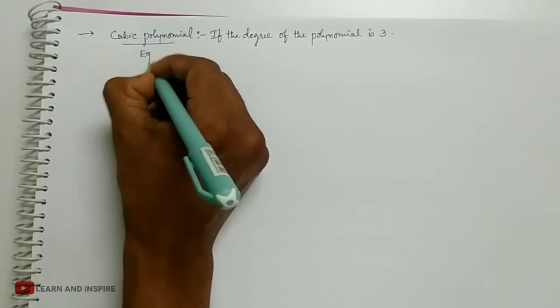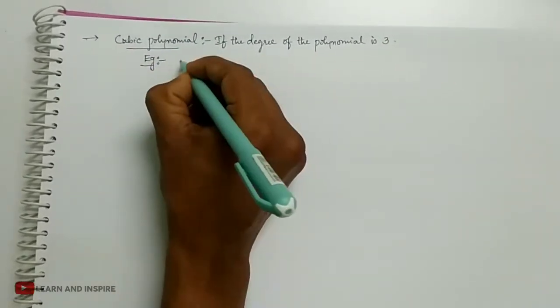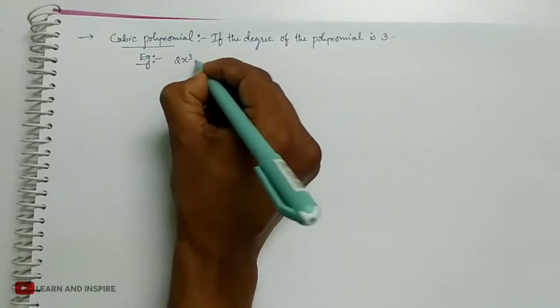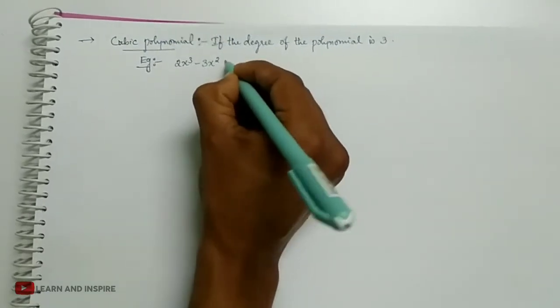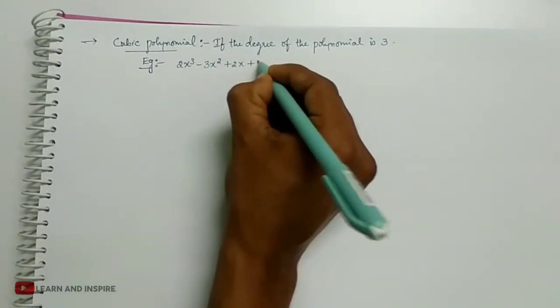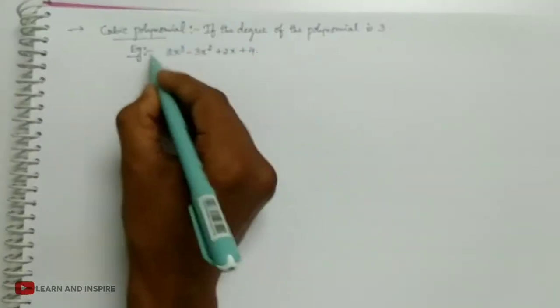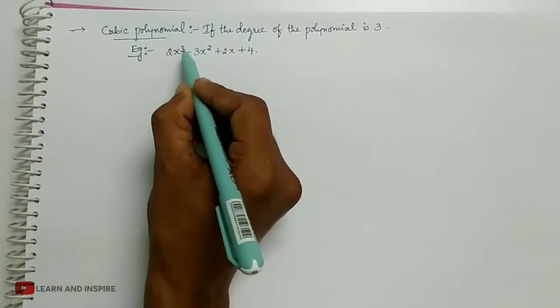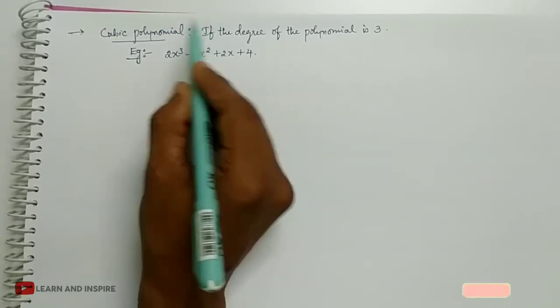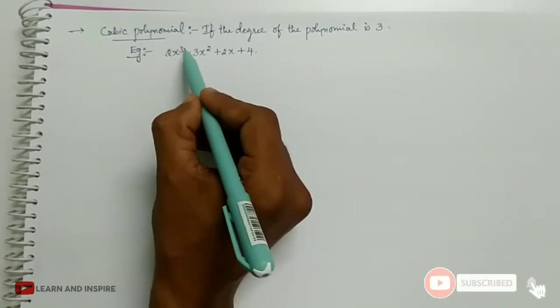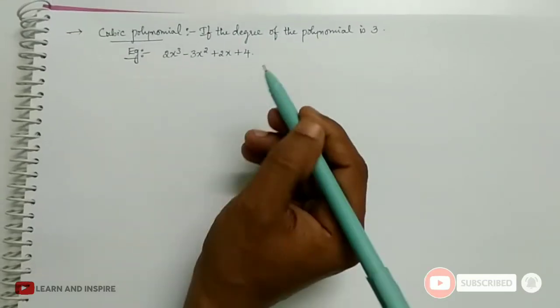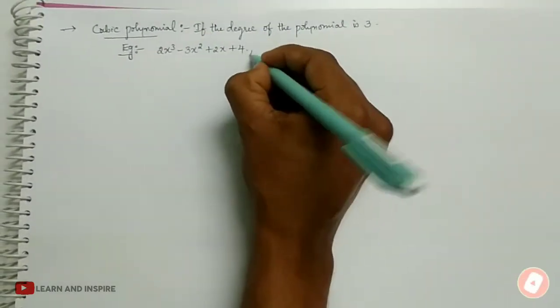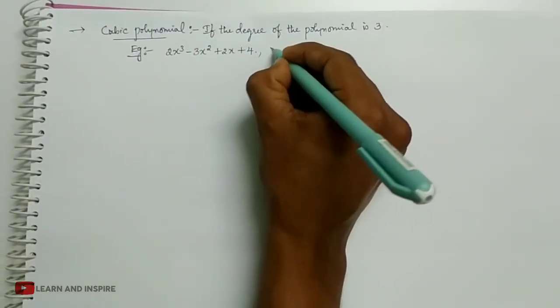So let us see one example: 2x cube minus 3x square plus 2x plus 4. This is one polynomial with degree 3, the highest degree is 3. So from this we can say that it is a cubic polynomial. If the degree of the polynomial is 3, then it is a cubic polynomial. So we'll see one more example.